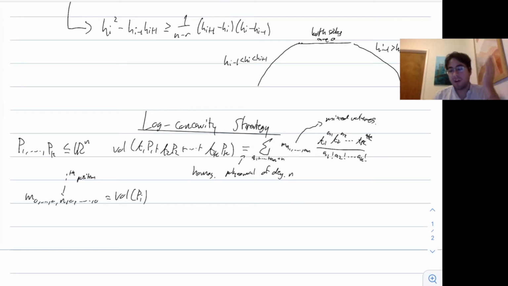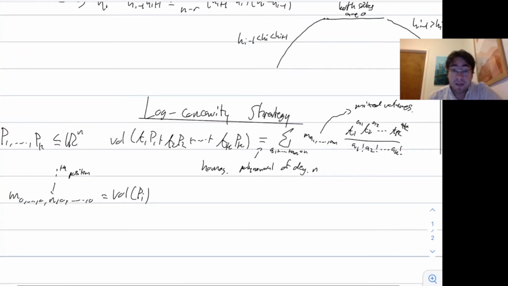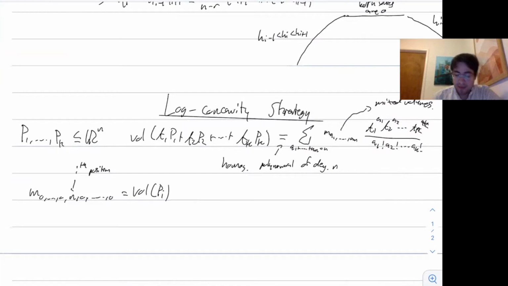So the volumes are a special case of the mixed volumes, and these things kind of interpolate between the volumes. And the relevant fact that we're going to use is the Alexandrov-Fenchel inequality.